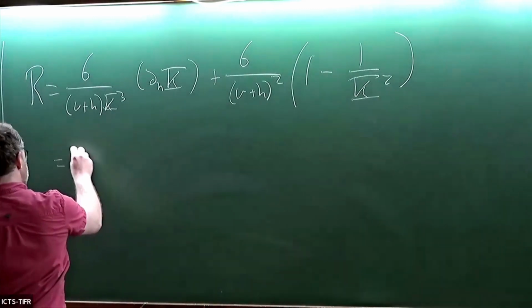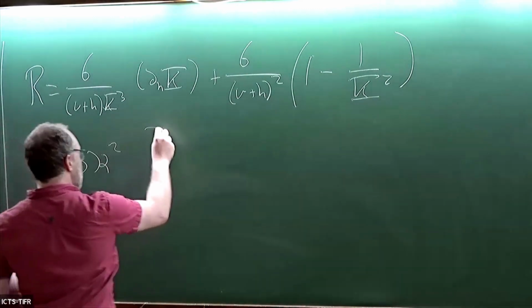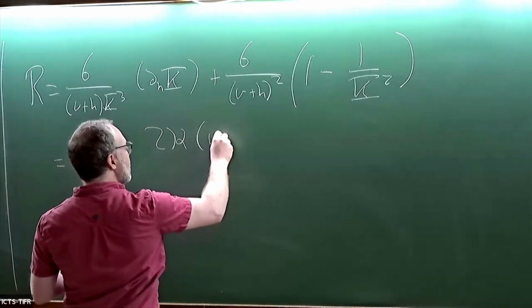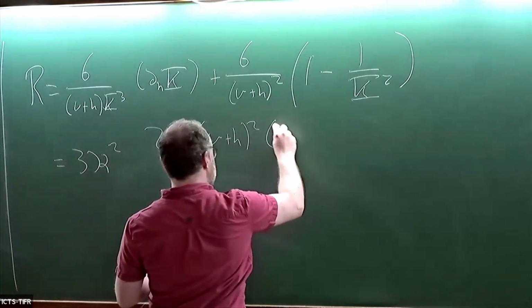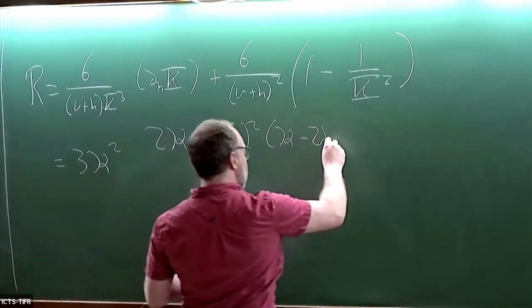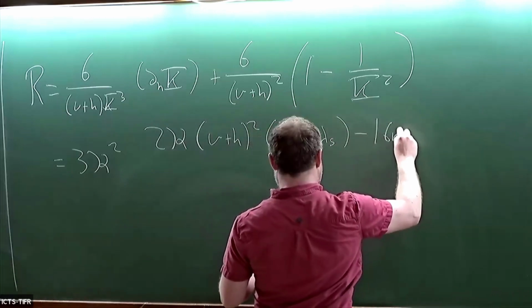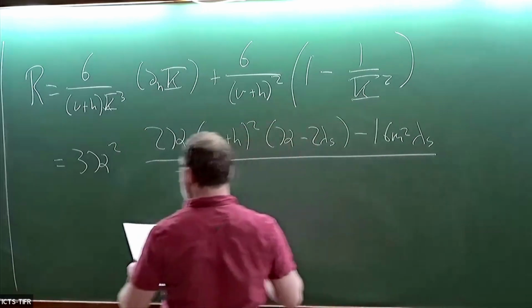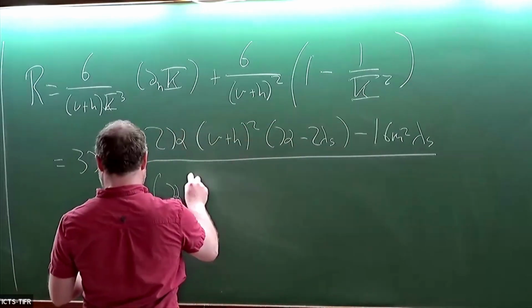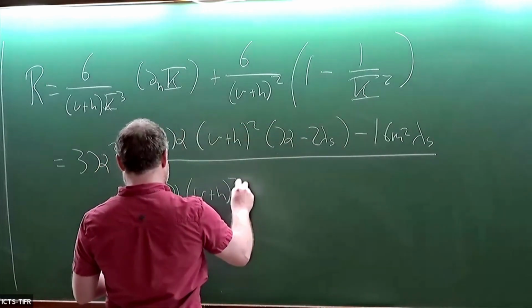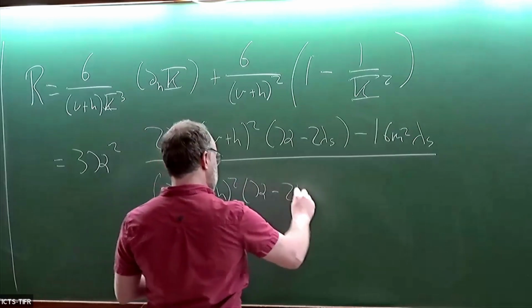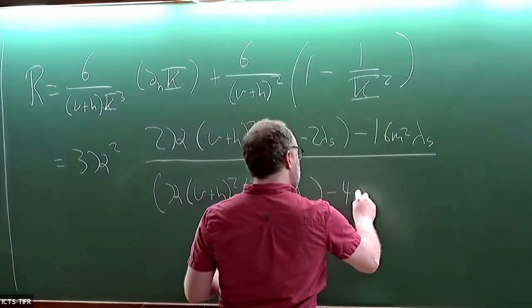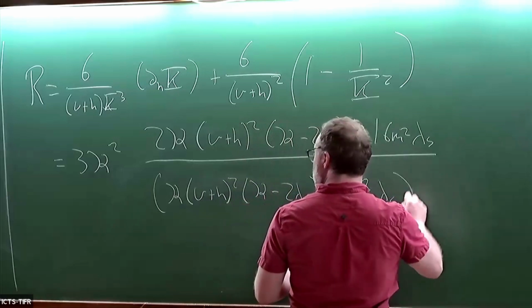And this is 3 kappa squared, 2 kappa (V plus H squared), kappa minus 2 lambda s minus 16 m squared lambda s over (kappa plus H squared, kappa minus 2 lambda s 4 m squared lambda s) all squared.